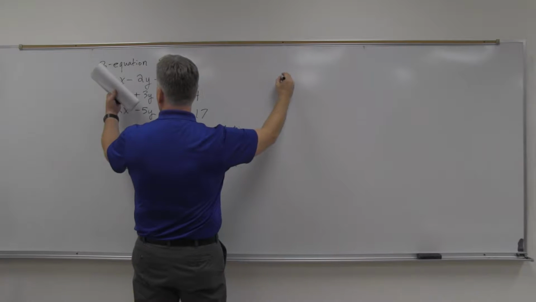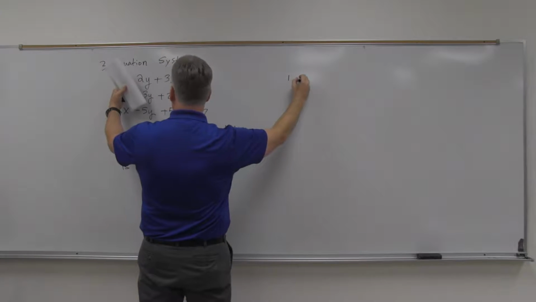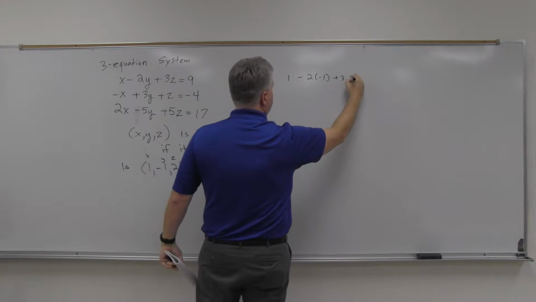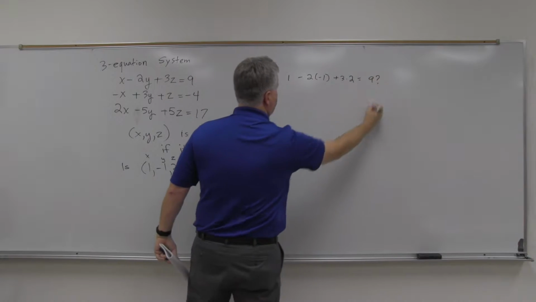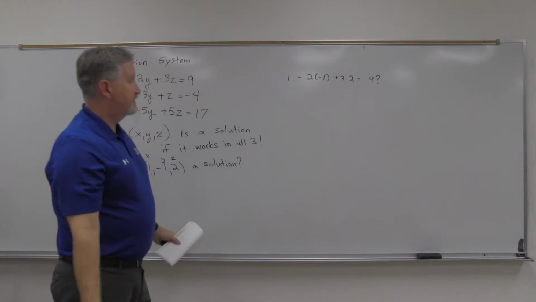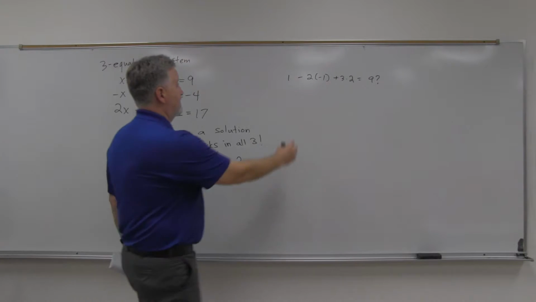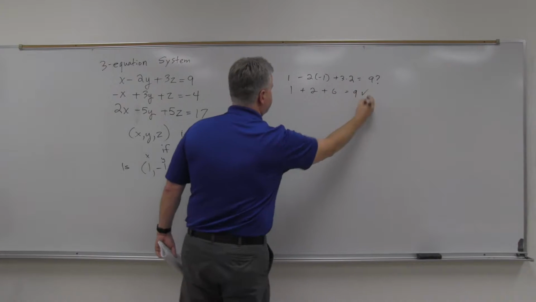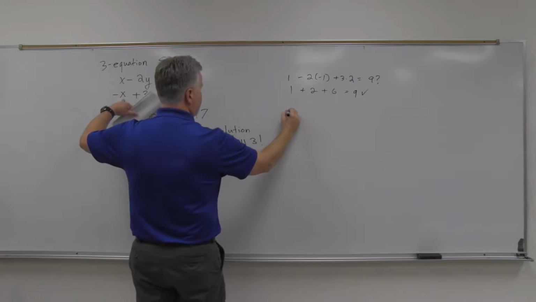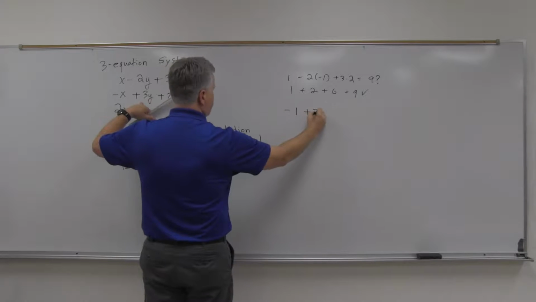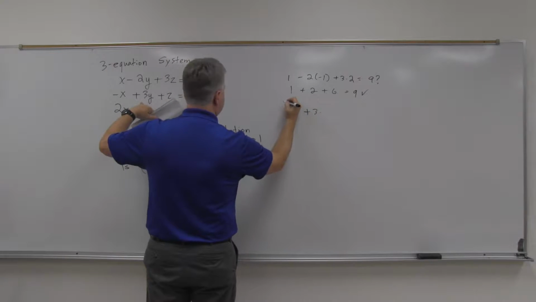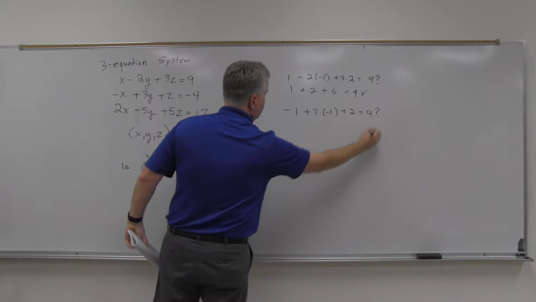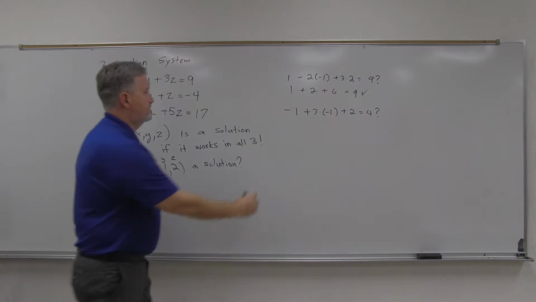All right, so 1, and then -1 for y, and then 2 for z. Does that equal 9? If it doesn't, then you can say no, but if it does, we'll check the other ones. Yeah, that's going to work, isn't it? So what about the other one? -1 plus 2, does that equal 4? The second equation.